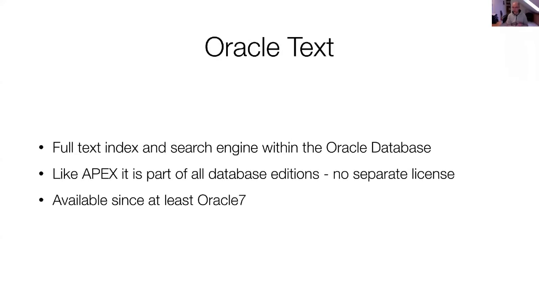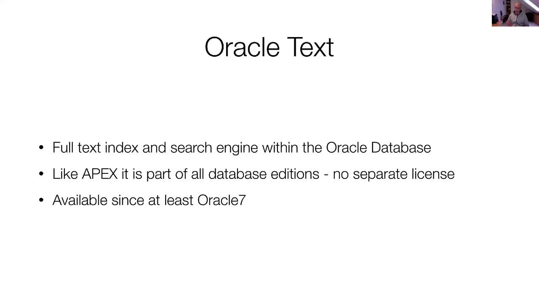So, Oracle Text comes to the rescue. When we look into the documentation, the handbook, we will see that Oracle Text is a full text index and search index. It's part of the Oracle database. There is a separate handbook for this, the Oracle Text Application Developers Guide. When we browse through that handbook, we will see it's a lot about searching documents.